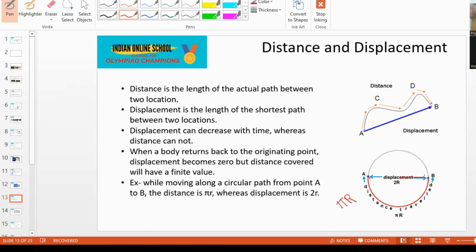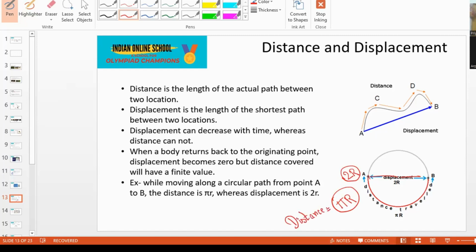Whereas what will be the displacement? Displacement will be radius plus radius, that is 2r. Is it understood? This is the distance.